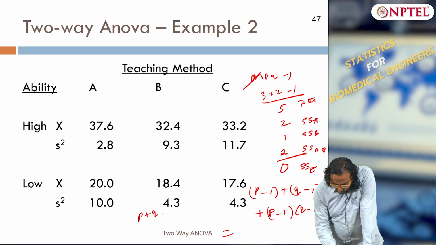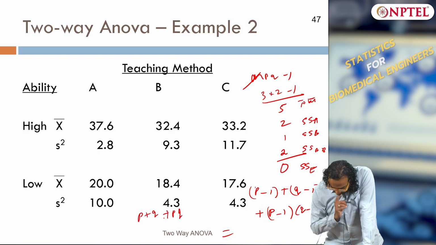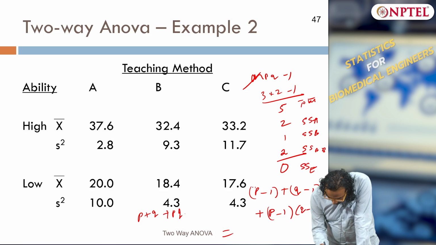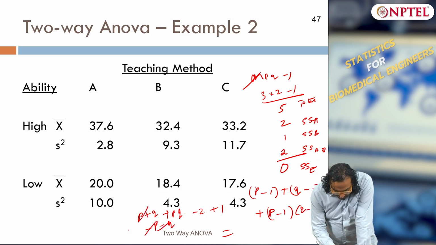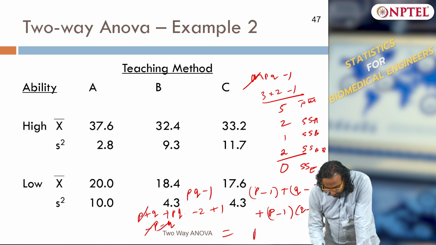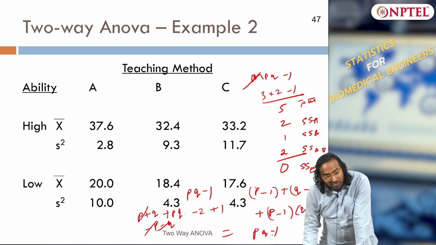P plus Q plus PQ minus P minus Q minus 1 minus 1 plus 1, which gives PQ minus 1. The right hand side is also PQ minus 1.